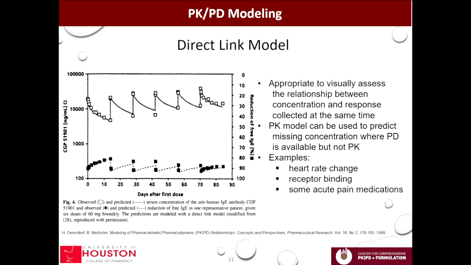And this is just one example showing you can have a PK, you have a complete profile, later you can have few points, and you have PD measurement. Ideally, whenever you have blood sample for PK, you do some PD measurement, but sometimes it's not feasible. Sometimes we're given the data already performed, but still, if we have a PK idea, we can project what will be the exposure at the time point when PD was measured.